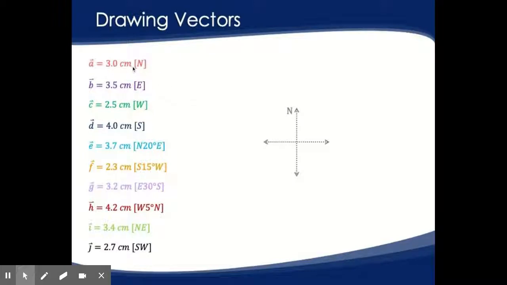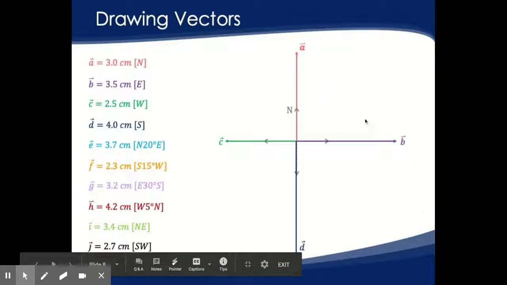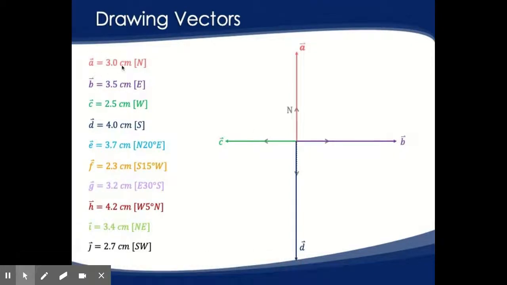So 3.0 centimeters north, so we would measure that out. 3.5 centimeters east, so you have B here. C goes west, D goes south. Those are very easy.